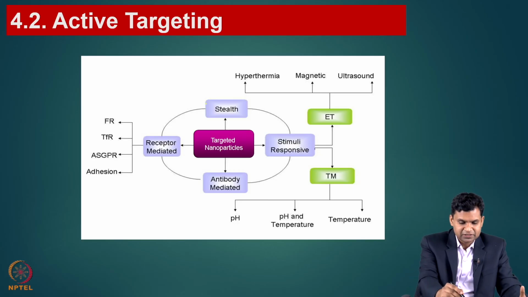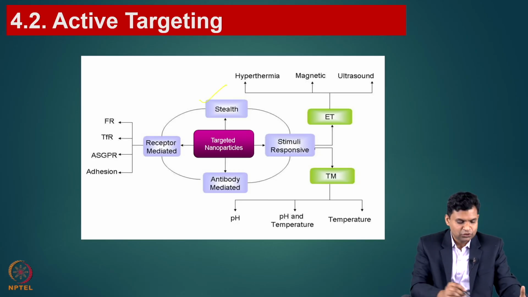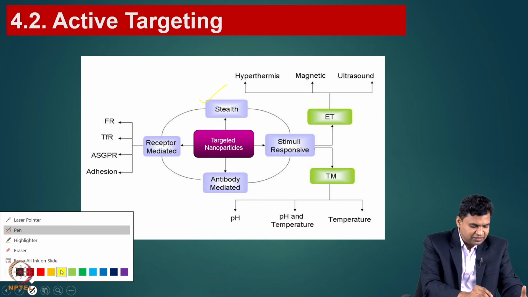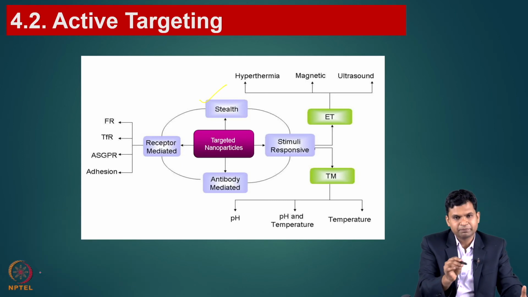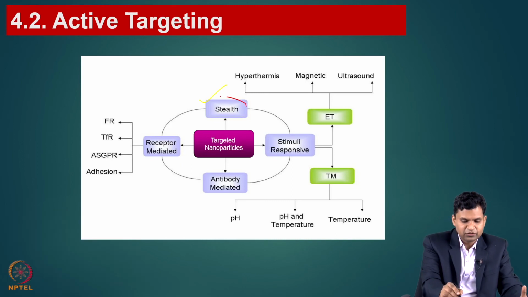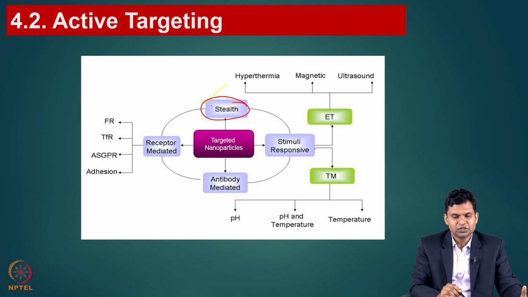Here is the stealth approach, which means you need to modify the surface of your particle by using hydrophilic polymers. It will avoid the phagocytosis and opsonization mechanisms of your nanoparticles.